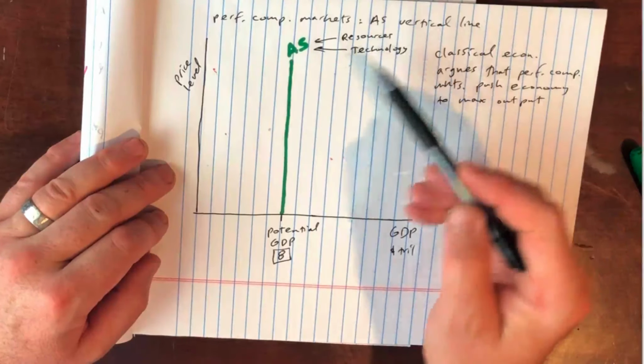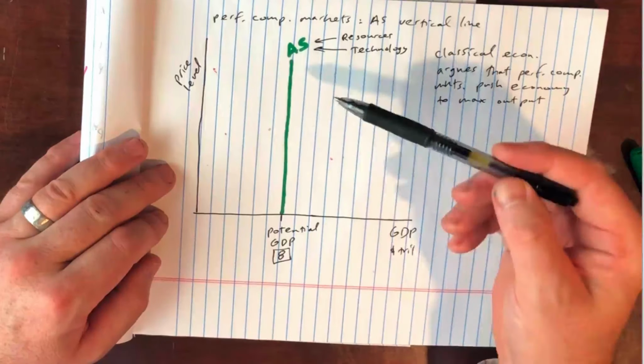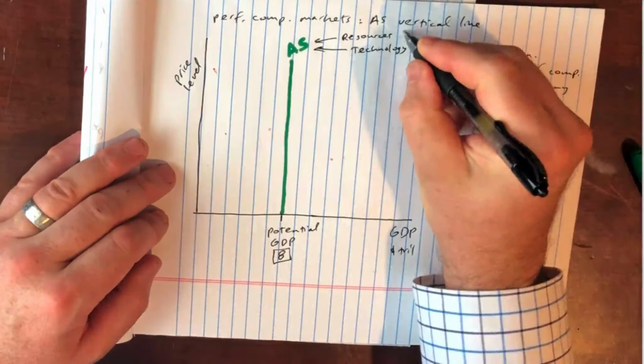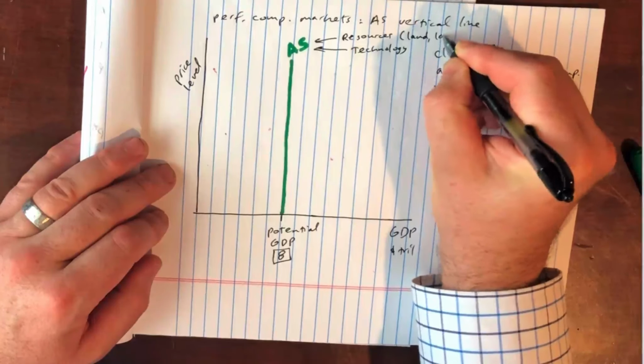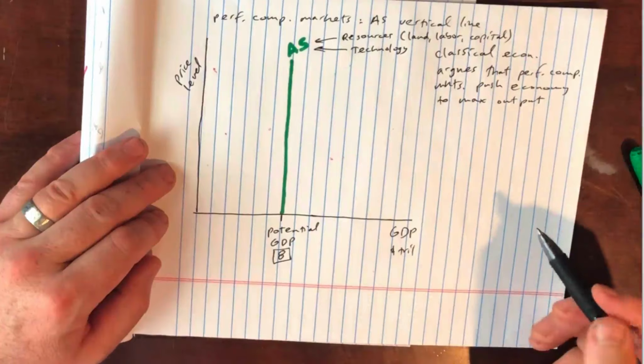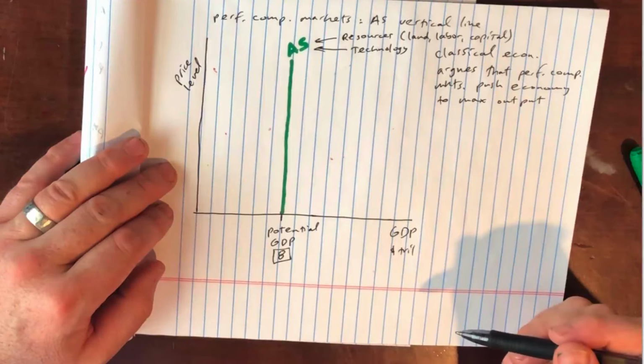You can see these things are independent of the price level. The price level being higher or lower has no impact on how much resources a society has. When we say resources, think of things like land, labor, and capital. So resources and technology drive aggregate supply.